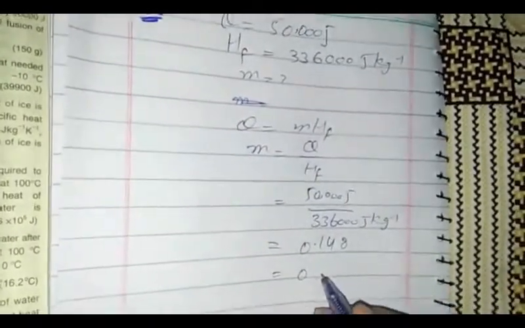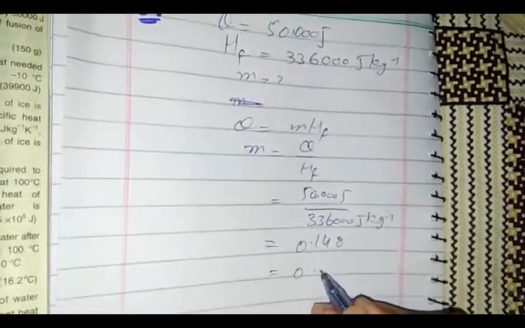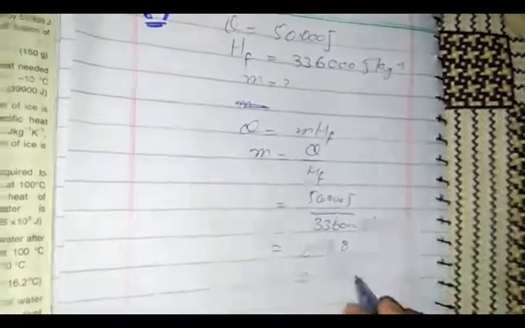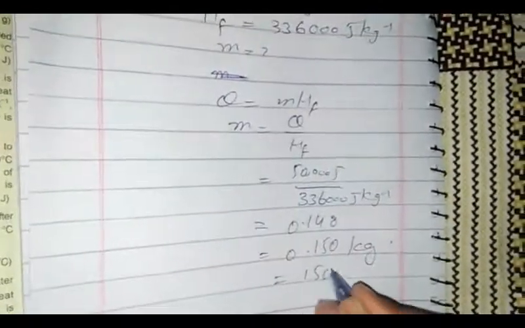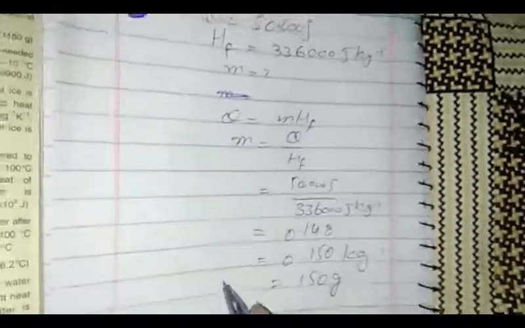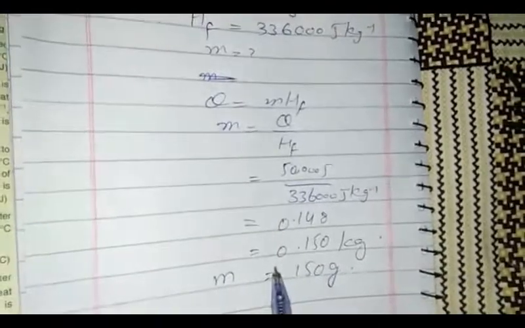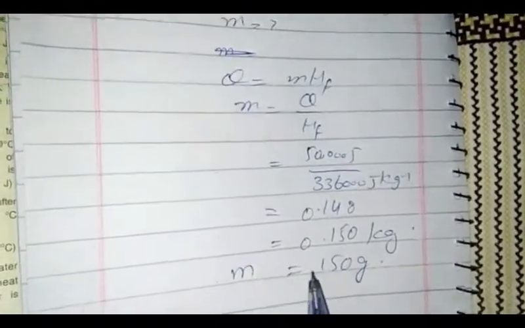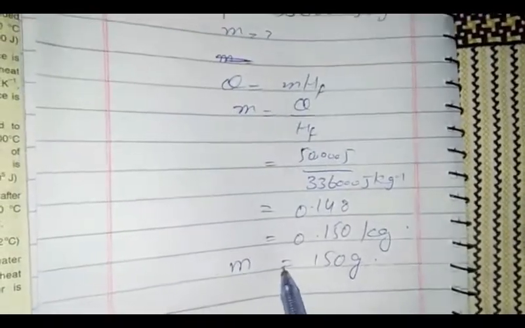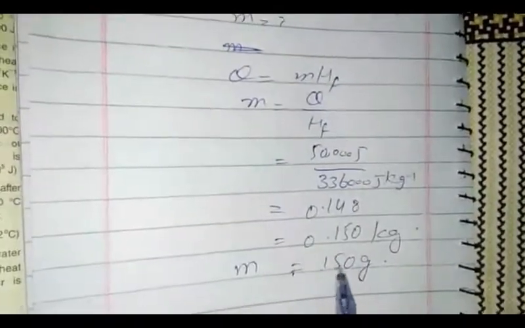If we round off the answer, it becomes 0.150 kilogram. If we convert to grams, it becomes 150 grams. So this is the mass of ice which melts and changes from solid state to liquid state. So this is our answer.